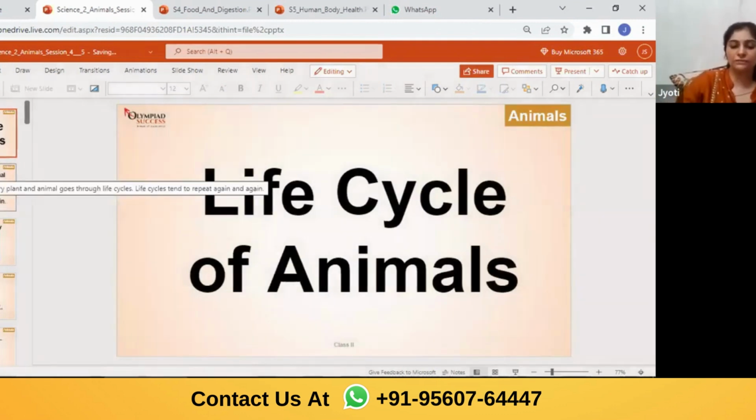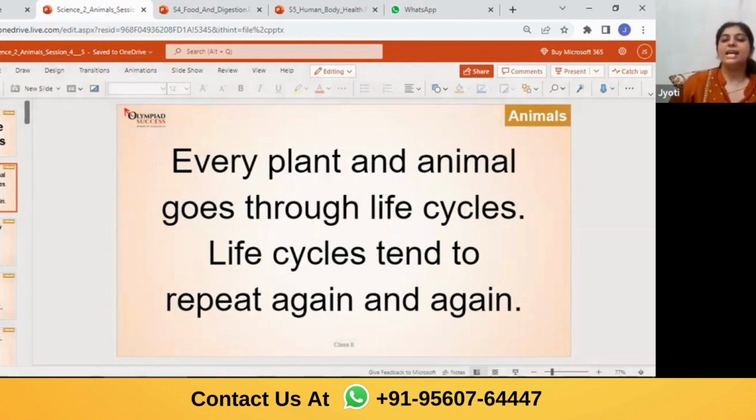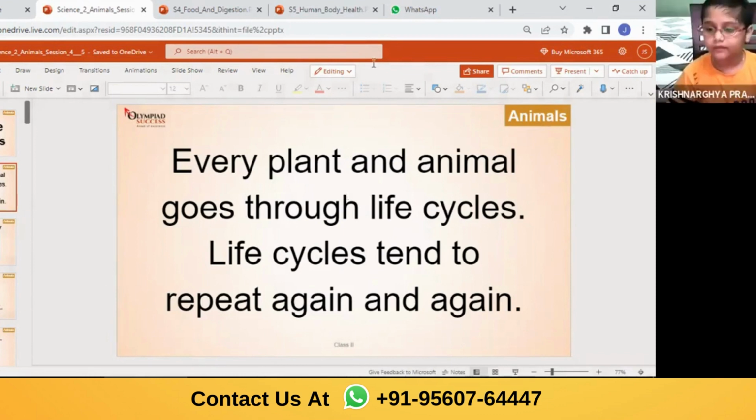In the life cycle of the animals, we are going to start with, like every plant and animal, it goes through the life cycles. Life cycle is what? Can anyone tell me what you mean by life cycle? Yes, Krishna? Yes, ma'am. Life cycle means just in a cycle, there is a wheel, right, ma'am?